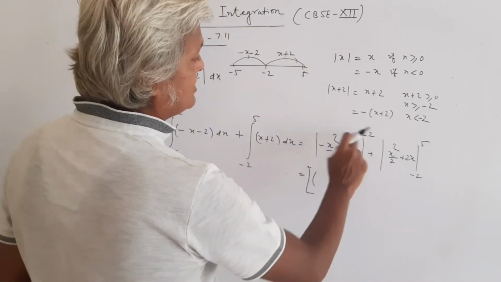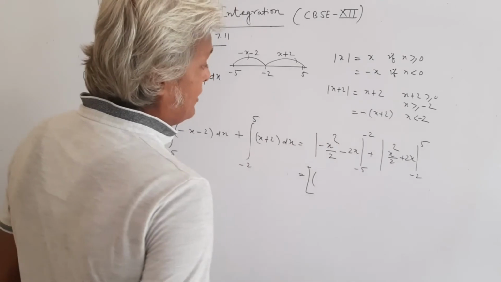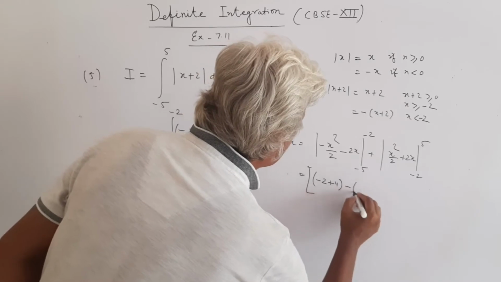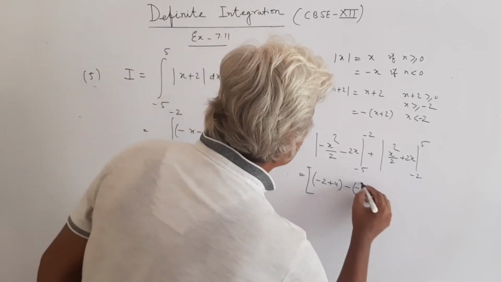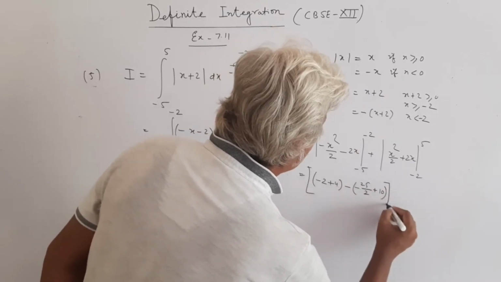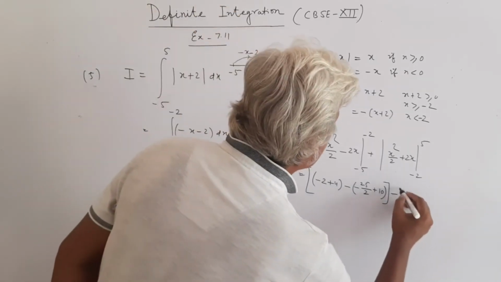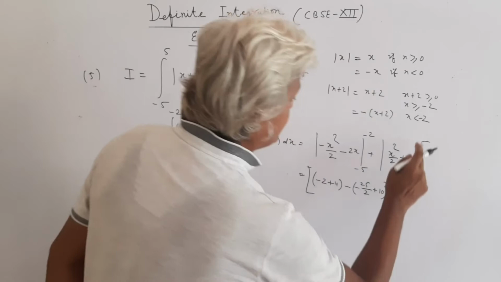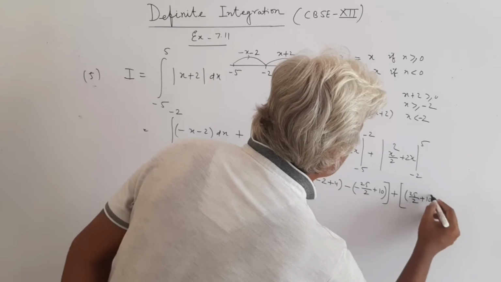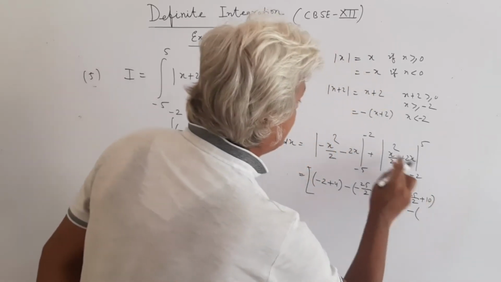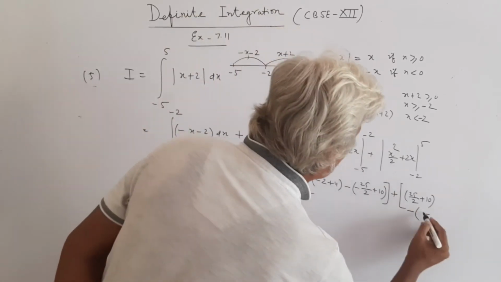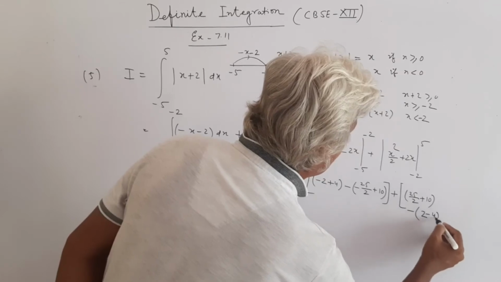In the first limit, put minus 2: minus of minus 2 square becomes plus 4 by 2, that is minus 2, plus 4, minus, when you put minus 5, this becomes minus 25 by 2 plus 10. The first part is done. The second part is plus, putting 5 there, that is 25 by 2 plus 10, minus 2 square, 4 by 2, that is 2, minus 4.